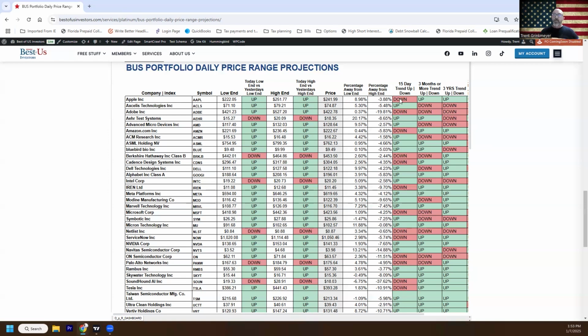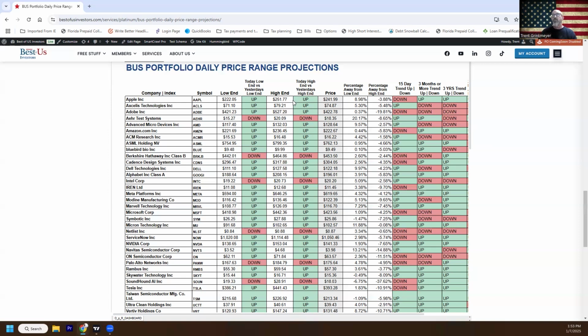I combine this thinking. So I start with where's the intermediate trend? 3 month, it's up. That's positive. Where's the 15-day trend? It's down. That's a negative. Where is the low end of today versus the day before? Well, it's up. That's good. So does this mean that low end is moving up? That's a positive move.